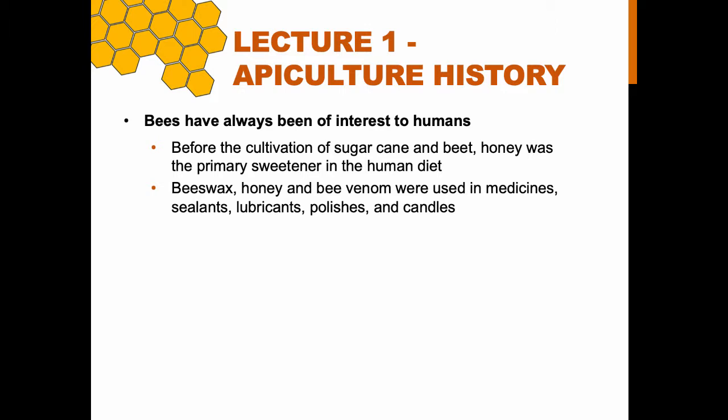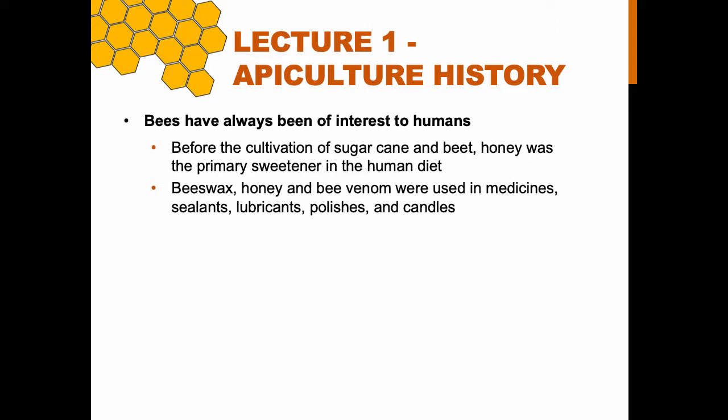Bees have generally always been of interest to humans as best we can tell. Before there was the cultivation of sugarcane or sugar beets, bees were pretty much the only source of concentrated sugar for humans. So honey was the primary sweetener of human diet, except arguably in North America where they didn't have domesticated honeybees, they did maple syrup instead.